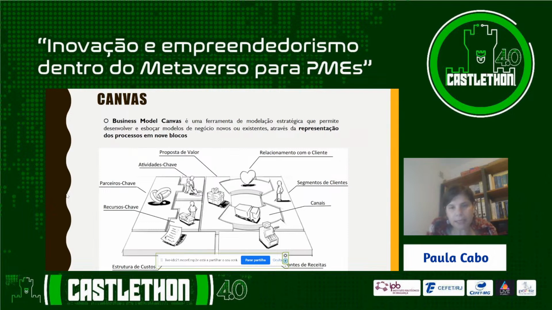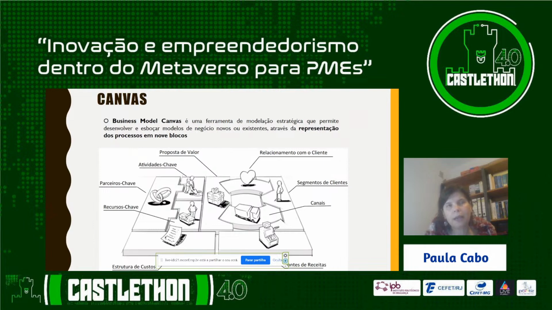So this Canvas business model is split in 9 blocks. The first one is the customer segment, then the value proposition, the channels, and the customer relationships, and we also have the revenue stream, and on the other side we have the key partners and the key activities and the resources, and also the structure of the costs.